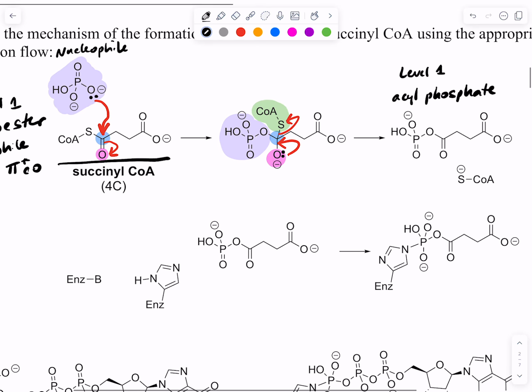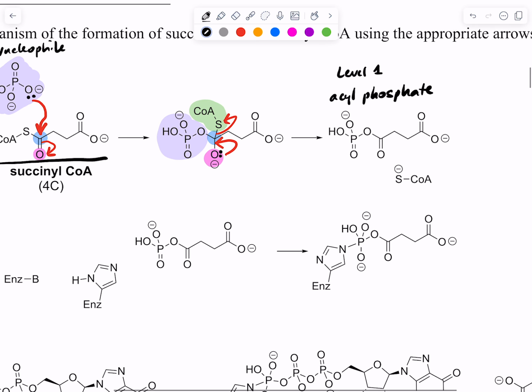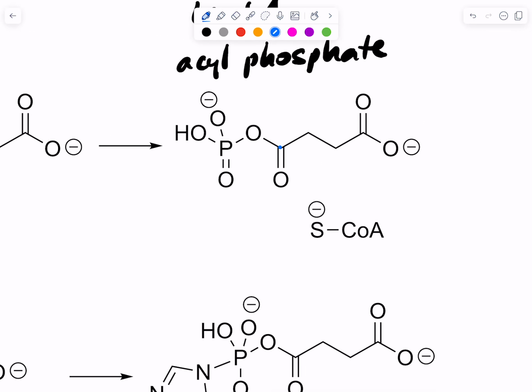Now, the interesting thing about acyl phosphates is that they are electrophilic at 2 different positions. So they are electrophilic at the carbonyl carbon. You could look at an acyl phosphate and say, oh look, carbonyl carbon, carbonyl oxygen, leaving group.